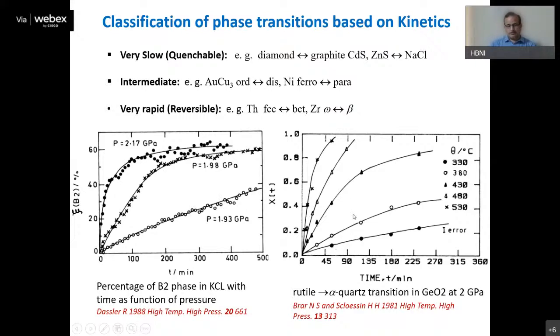So this is consistent with the free energy curve that we have seen in the previous slide. What happens is that this external field like pressure modifies the energy barrier. So at constant temperature, you can increase the kinetics by changing the external field. And because this kinetic barrier has some height and there is some finite probability at a particular temperature to cross this barrier, you can also enhance the kinetics by increasing temperature.